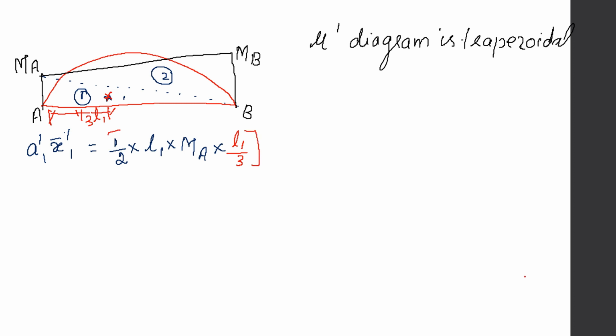So the first triangle is over. For the second triangle, it is half into the base L1 into the height MB, multiplied by the distance of center of gravity from A. For the second triangle, the distance of center of gravity from A will be 2 by 3 of L1.